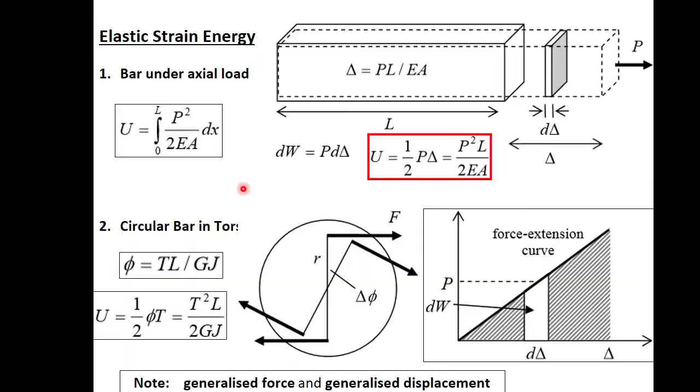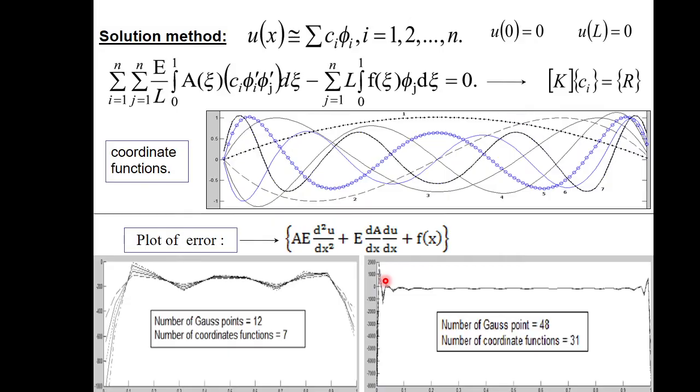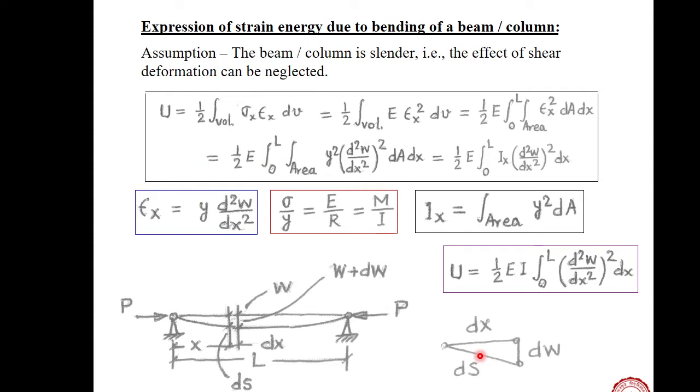Okay. So that work done in this particular case is the displacement, say, of this point of application of the load. Is it clear? So how much is the displacement of this point?